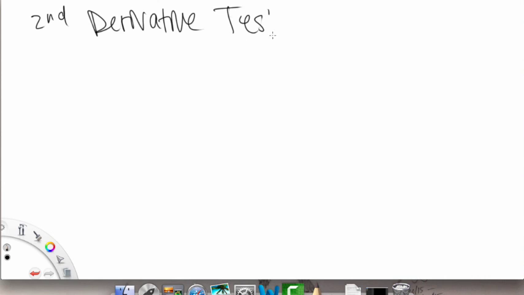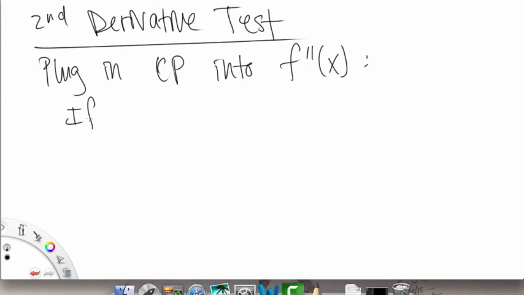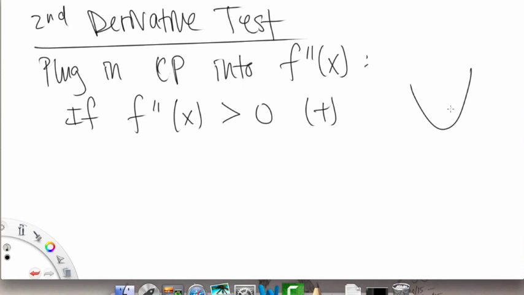Let me write what I just said on the next slide. So, second derivative test. We said that if you plug your critical point into f double prime of x, and you get that f double prime of that value is greater than 0, so it's positive, then we have concave up, which is like this, and that means we have a local minimum at that point.